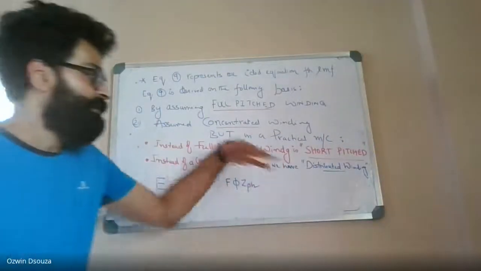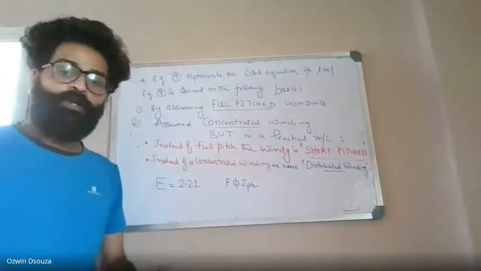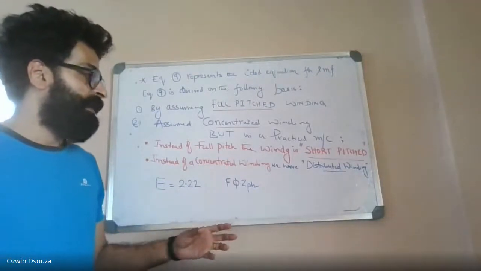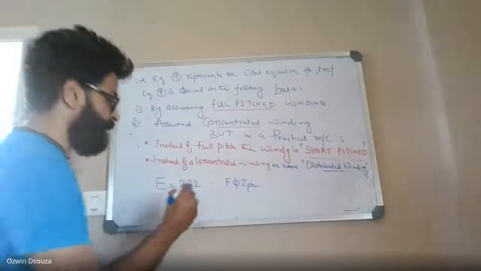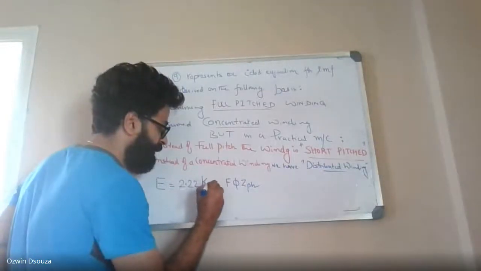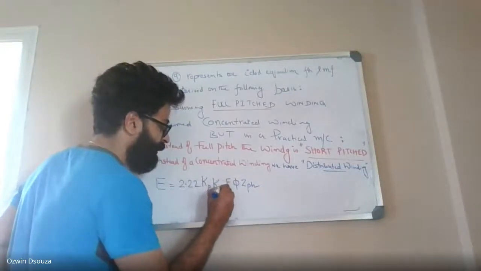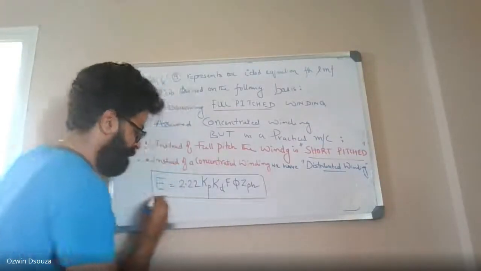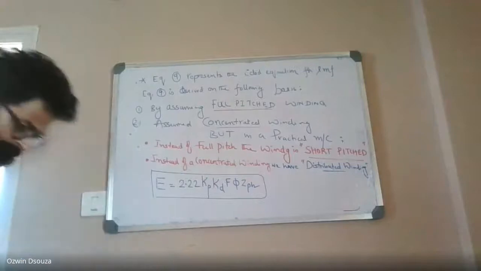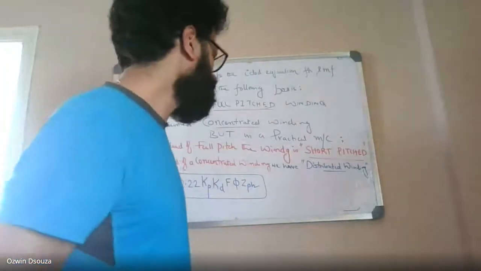One factor relates to the short pitch concept and the other represents the distributed winding factor. Those two factors are taken as Kp and Kd. This is your final equation of induced EMF in an alternator.